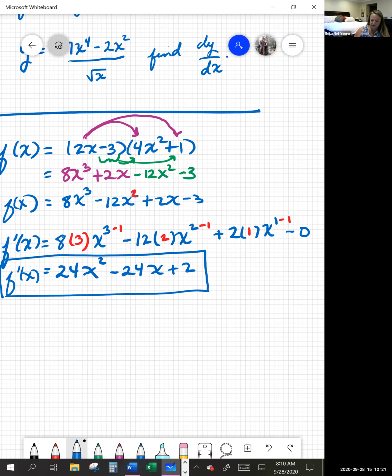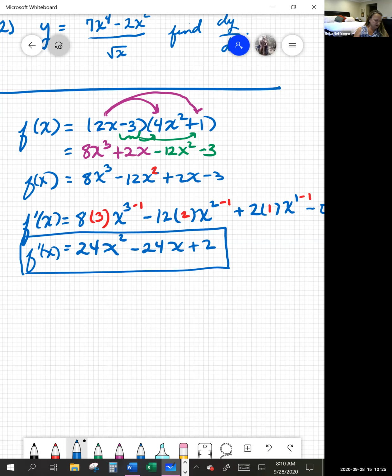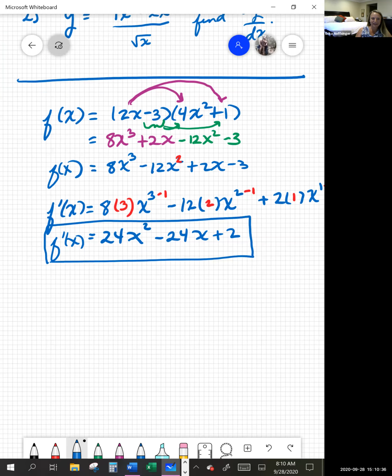Okay, so we get that the derivative was 24x squared minus 24x plus 2. You guys get it? Or if you didn't, do you see where you went wrong and what you needed to do?